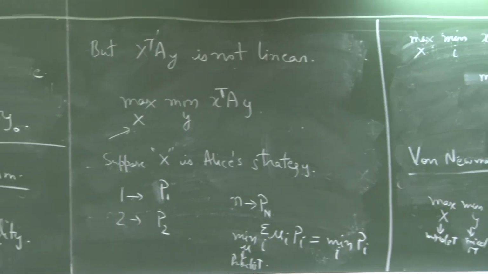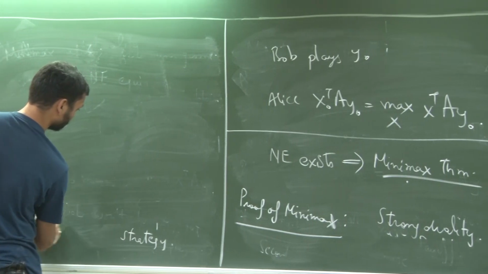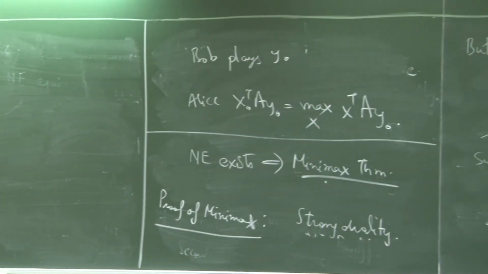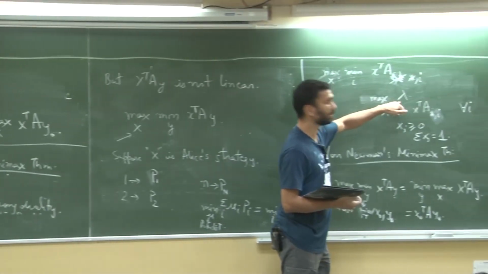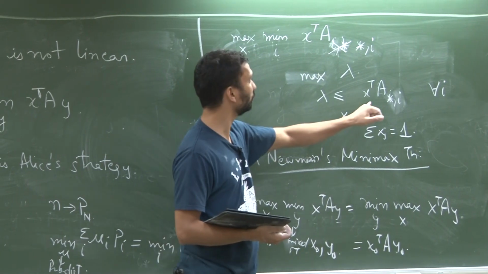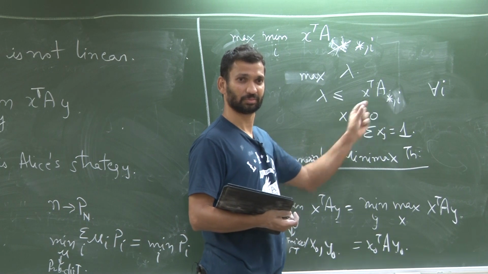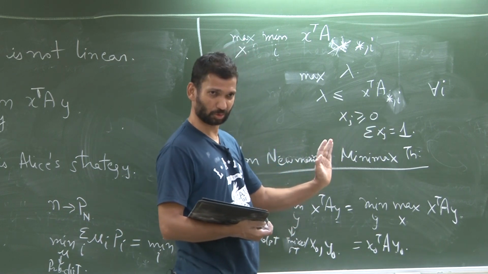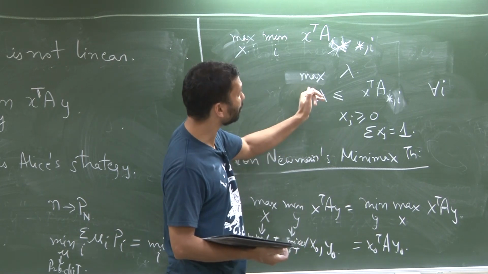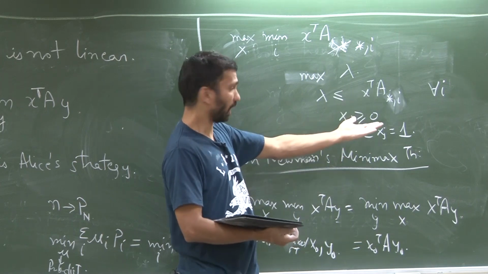So do you see that these programs are equal? Since I want to maximize lambda, lambda has no other constraint. So it is going to be the minimum over all these quantities. Clear? Once more, why are these two programs equal? If you want to maximize lambda and you have these constraints, how will you put lambda?